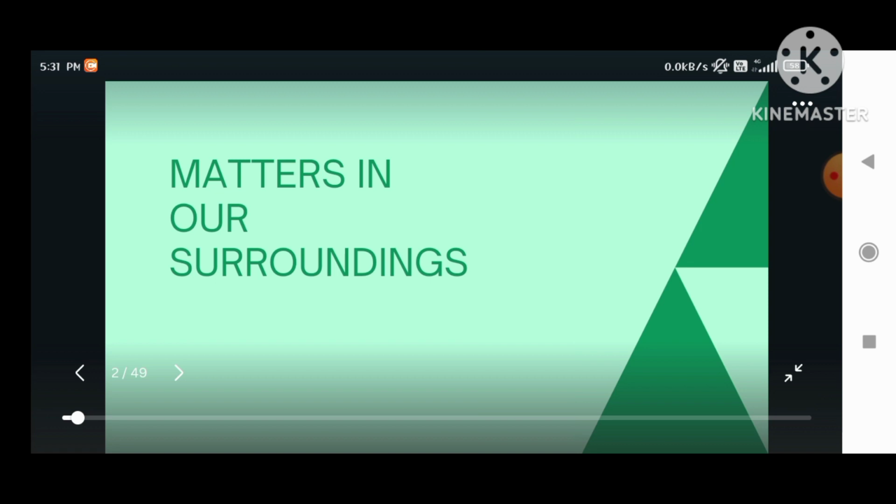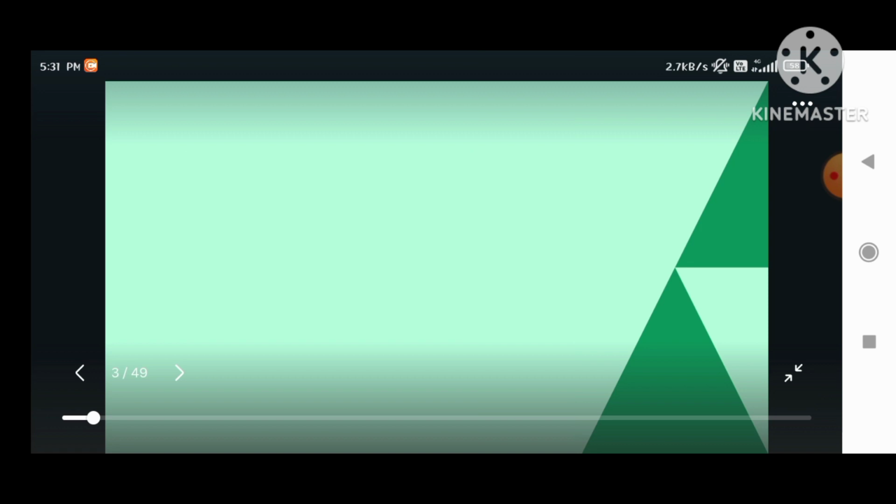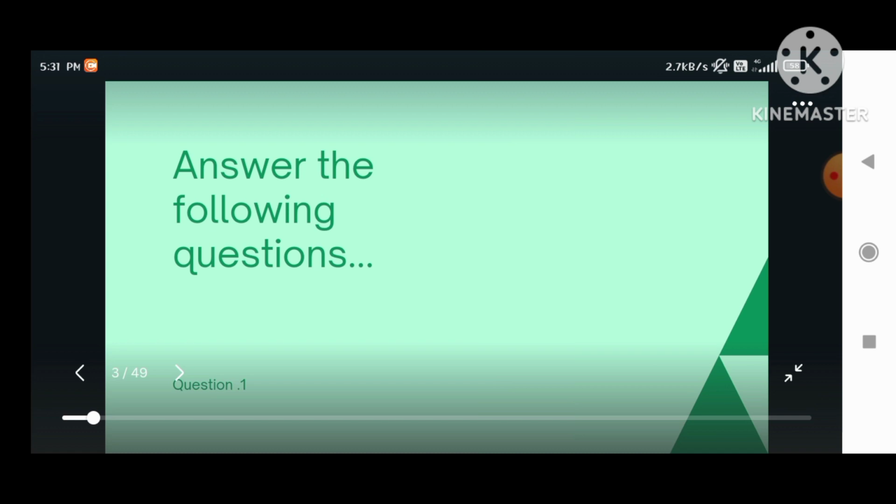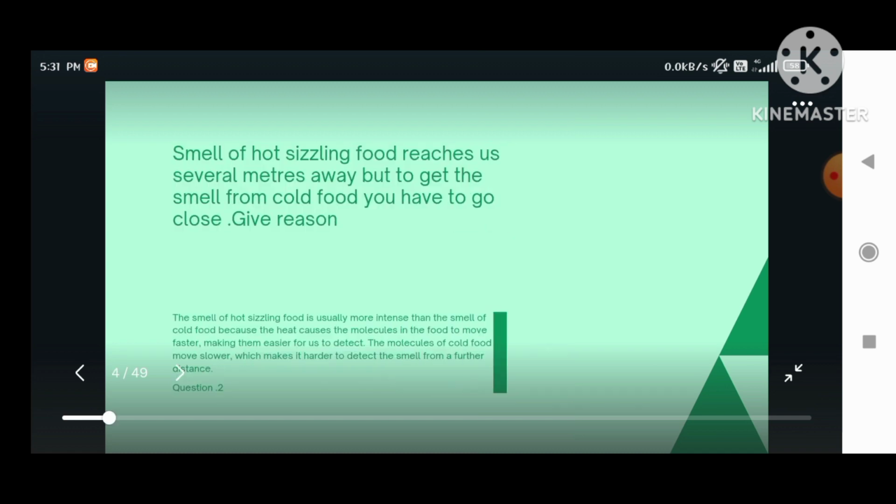Matter in Our Surroundings. Answer the following questions. Question number 1. The smell of hot and sizzling food reaches us several meters away, but to get the smell from cold food, you have to go close. Give reason.